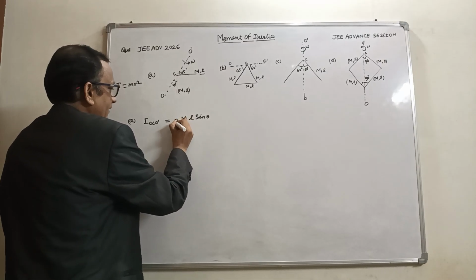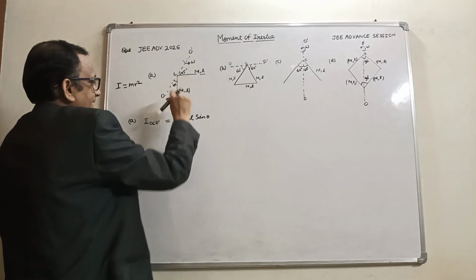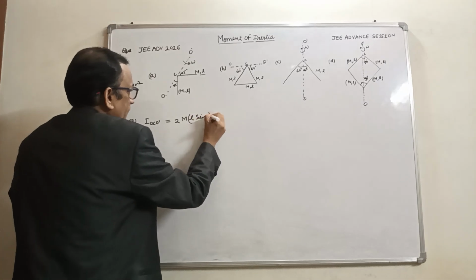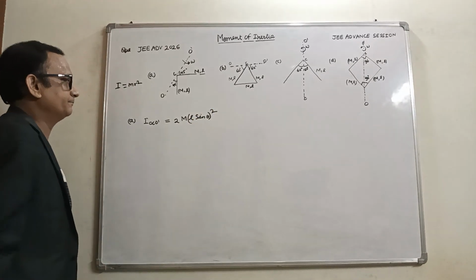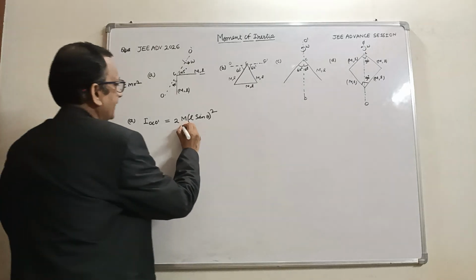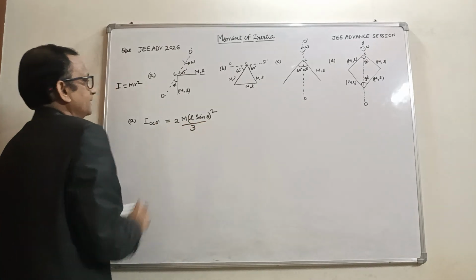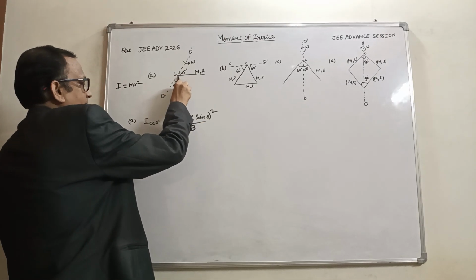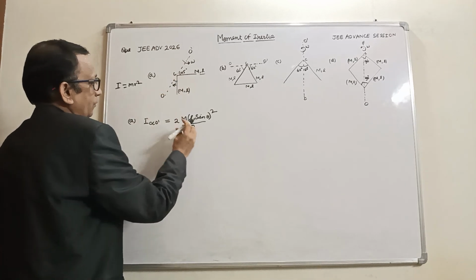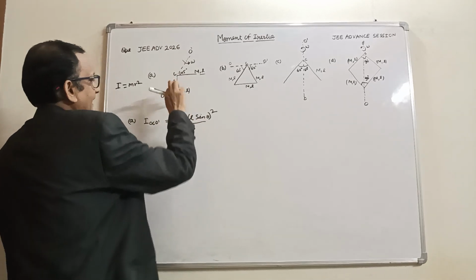So two rods here, each m (L sin theta) whole square by 3, so for this rod moment of inertia is ml square by 3, where L becomes L sin theta.